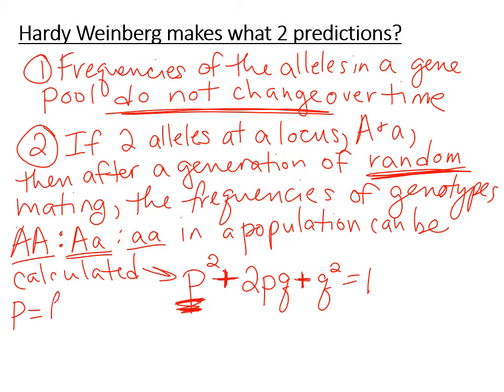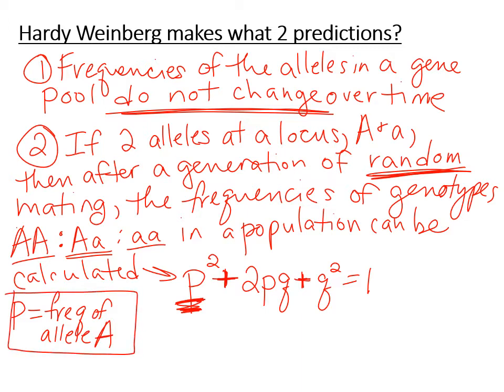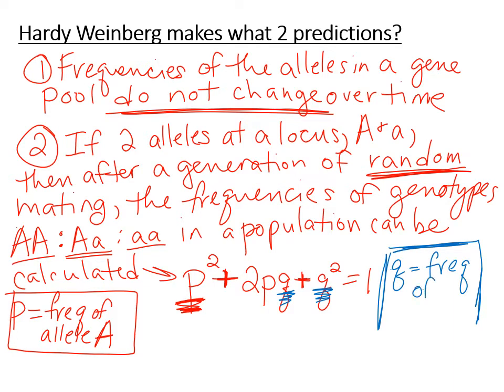So in this case we can say p is the frequency of allele capital A. Then when you see the letter q here and here, q is the frequency of the lowercase, the recessive allele.